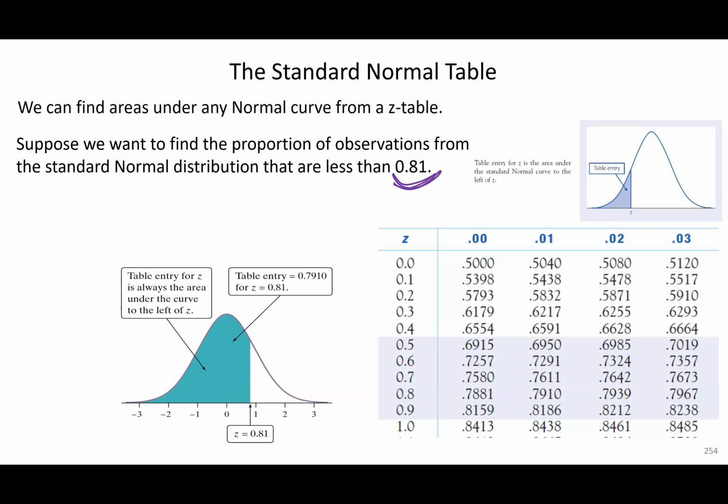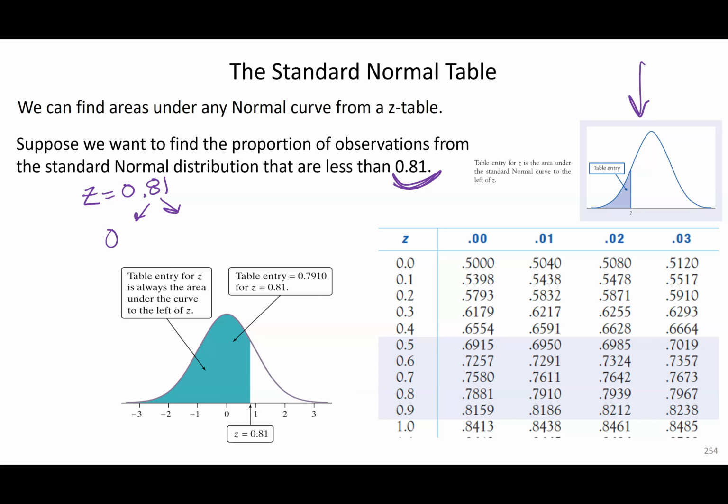So for me, if I say, okay, z is equal to 0.81, the first thing I like to note is this table gives me the area less than by default. That's important to know, because if you ever want the probability higher than, you're going to have to subtract from 1.